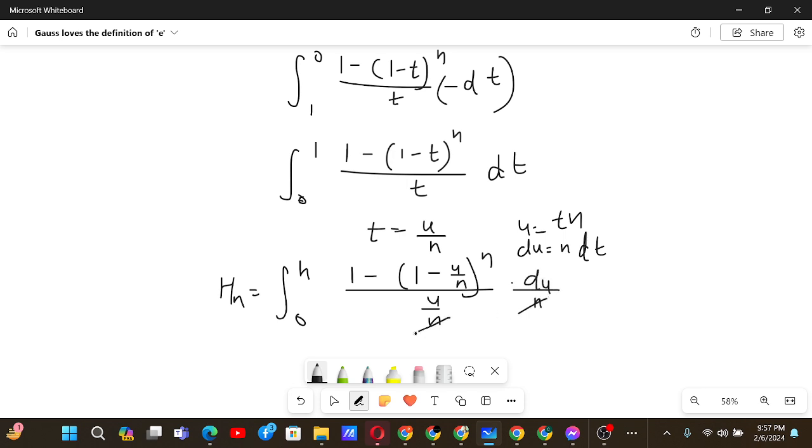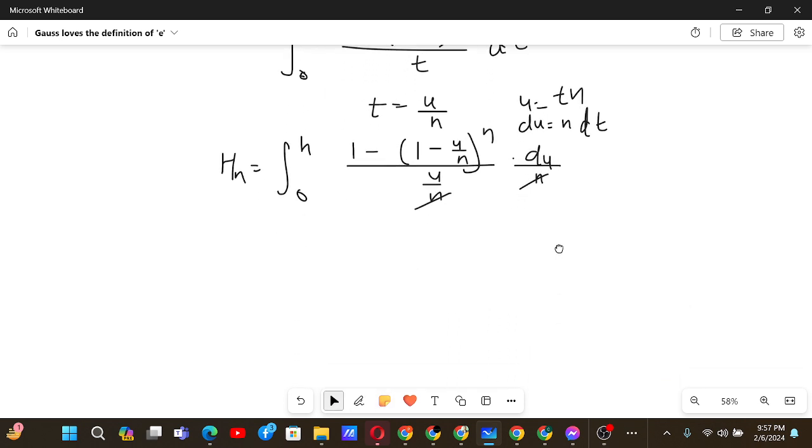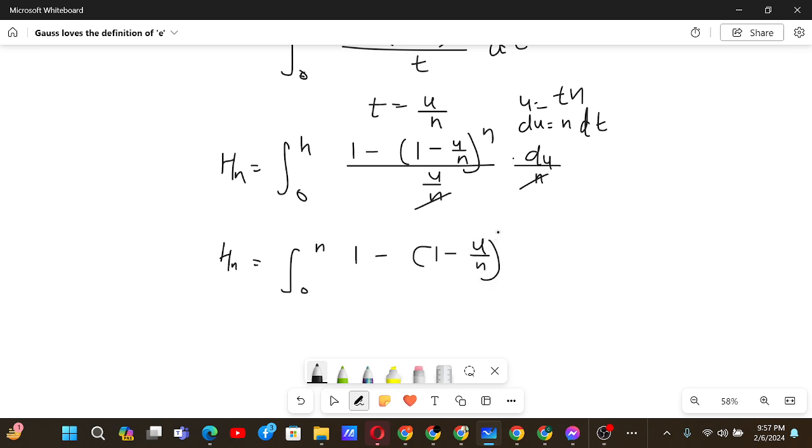Now the n cancels out, and we have Hn equals the integral from 0 to n of (1 minus u by n to the power n) over u du.